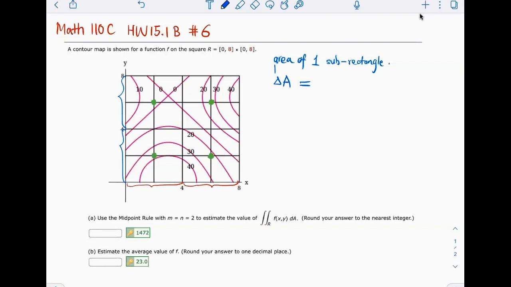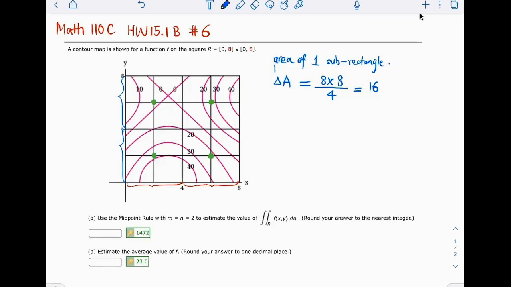So we know that will be the area of the big rectangle divided by 4. The big rectangle is 8 times 8, so that's 64. We divide it into 4, so that will be 16. So each sub-rectangle will have area equal to 16.